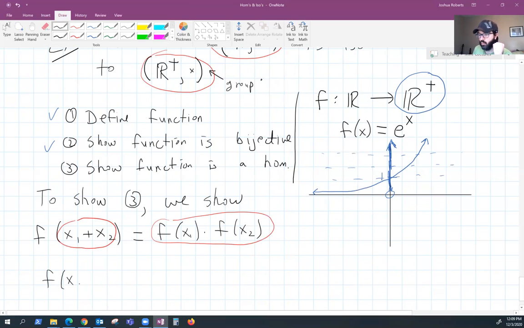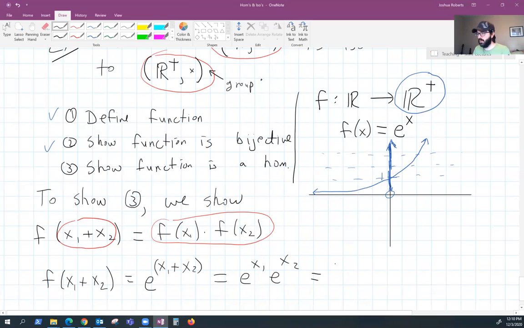f of x1 plus x2, that is e to the x1 plus x2, because that's what my function does. It just raises something to a power. Okay, but we know how exponents work. This is the same thing as e to the x1 times e to the x2.